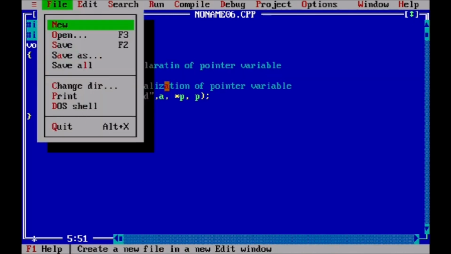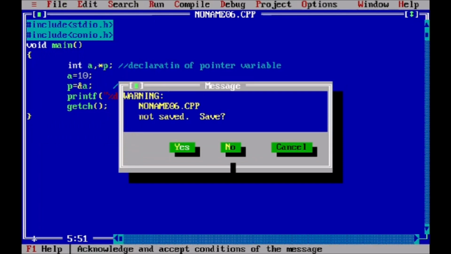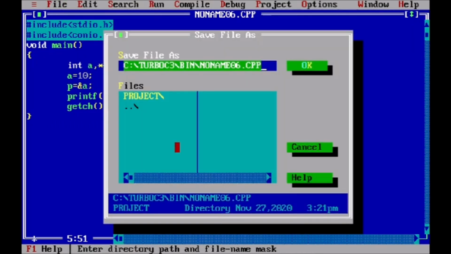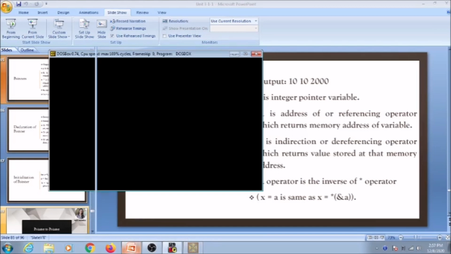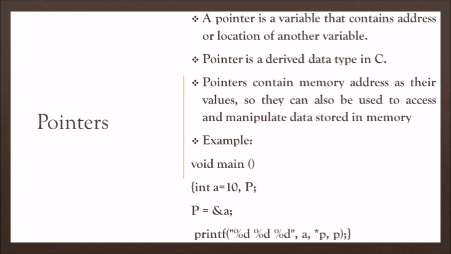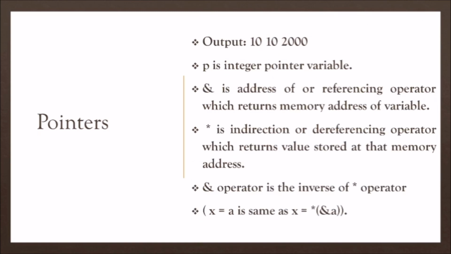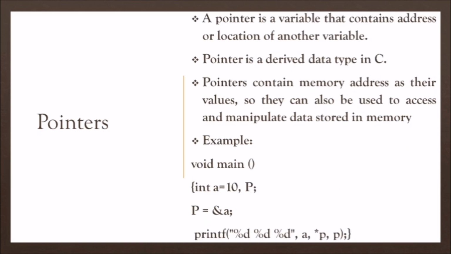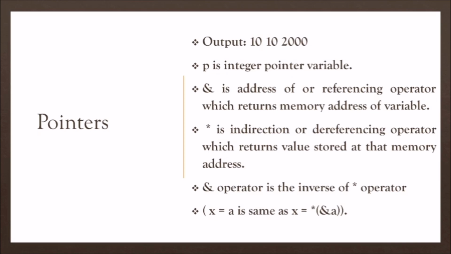Now we go back to our presentation. Okay, so what we have shown in the program: p is an integer pointer variable. Ampersand is the address of or referencing operator, which returns the memory address of a variable. Basically here we are using p is equal to ampersand of a, so it's used for storing an address.